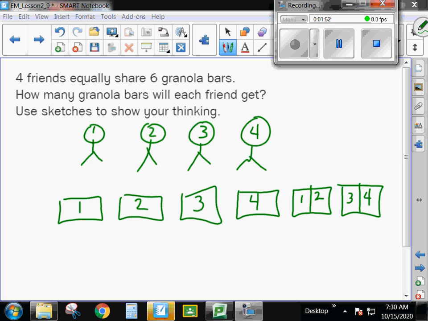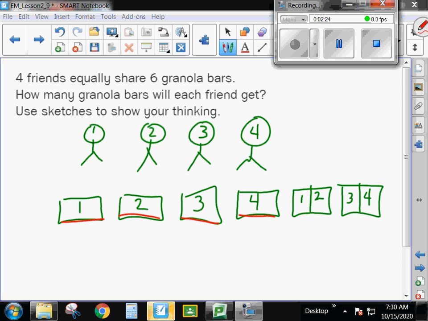And if you label them friend 1, friend 2, friend 3, and friend 4 like I did, then when you're going to share these granola bars, which I drew down here at the bottom, you can just assign each friend a granola bar. So friend 1 gets this one, friend 2 gets this one, friend 3 gets this one, friend 4 gets this one, and then what happens here with those leftover granola bars?